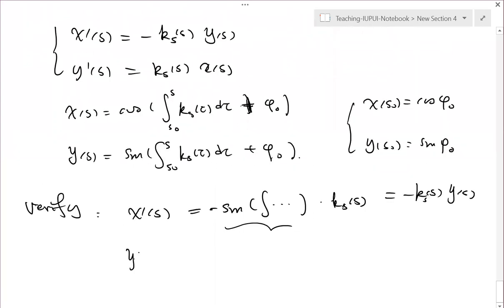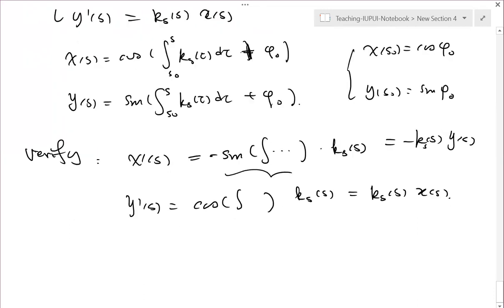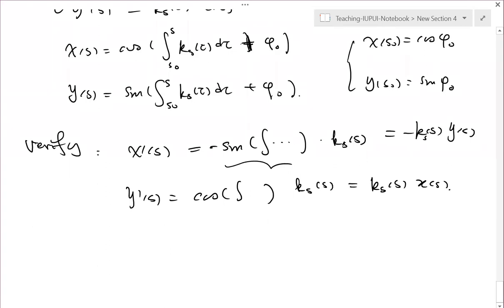Similarly, y prime s equals cosine of this, times k s, and this is nothing but x. So k s x s. Indeed, these are solutions.